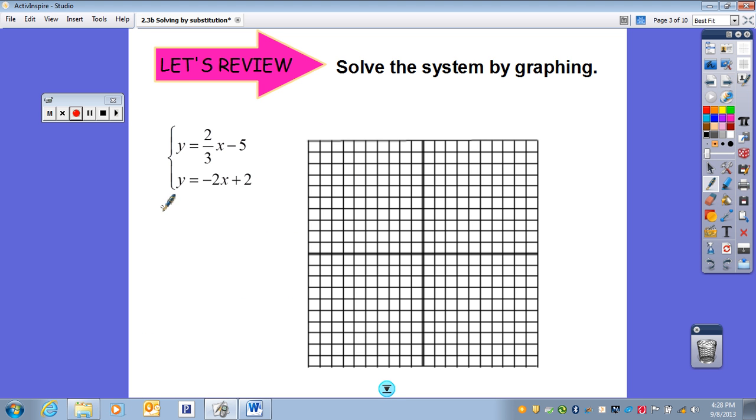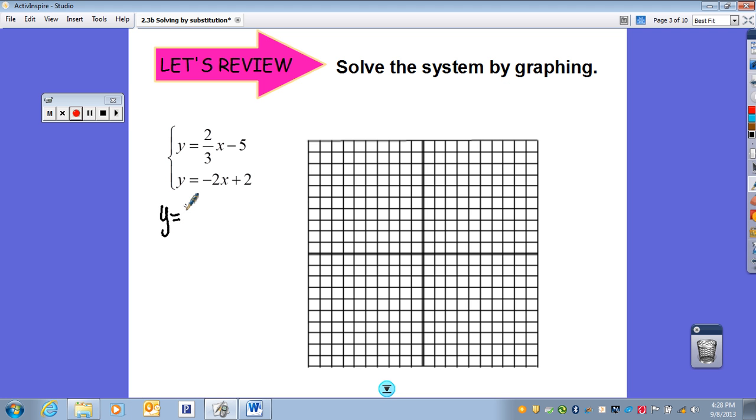So in our first equation, we have y equals 2/3 x minus 5. We start by graphing the y-intercept. The y-intercept is at the point (0, -5), and we have our slope being 2/3.